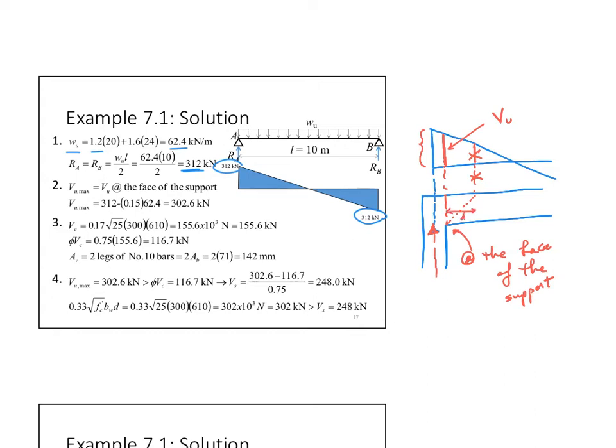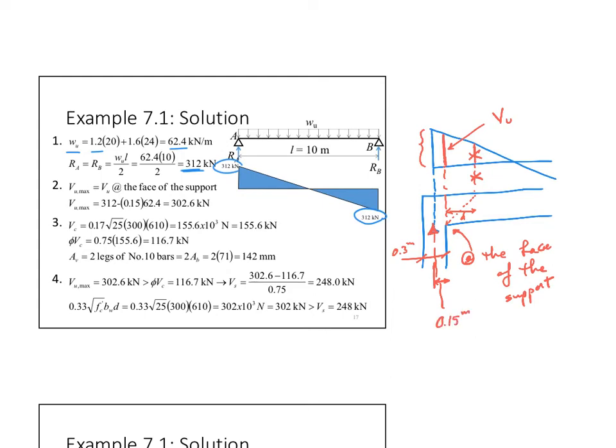And for now, for just the simple ways of calculating things, we're just going to do it at the face of the support. So how do I get it at the face of the support? I can simply say, I'm going to take half of a support. My full support was 0.3 meters, right? So half of the support is 0.15 meters.